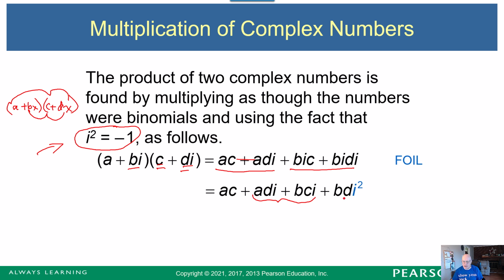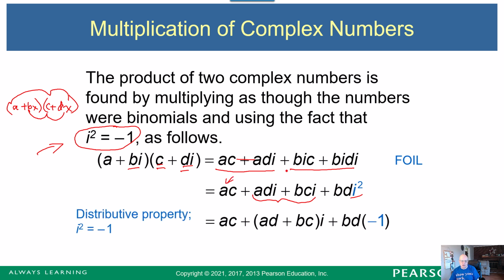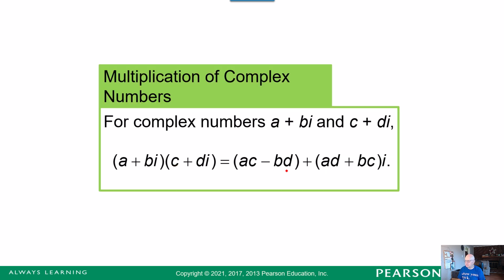So this right here, if you're looking, is a minus bd. And that'll be able to be added to the ac. And you put those real parts together and the imaginary parts together. And there's your answer. It looks a bit weird. It's easier when there are actual numbers in there, aside from the letters that represent numbers.